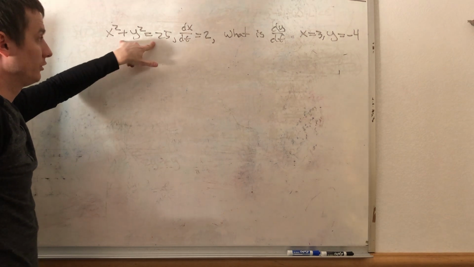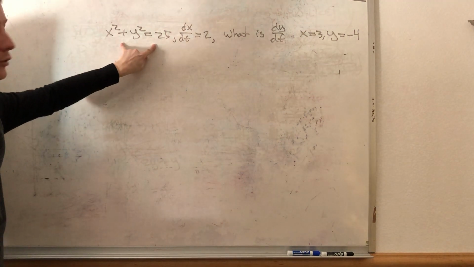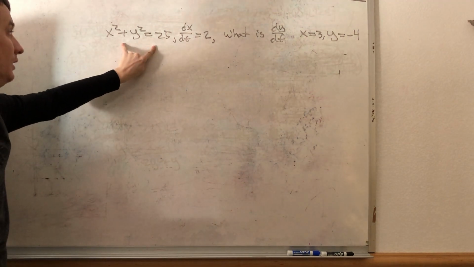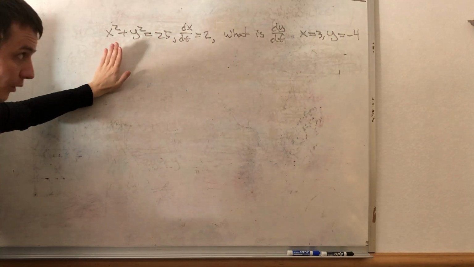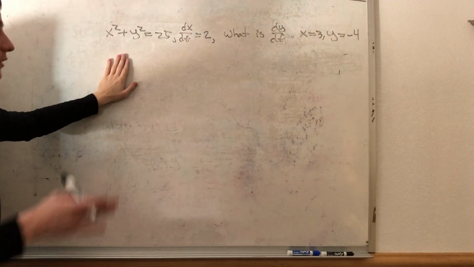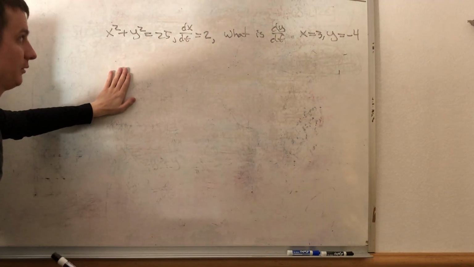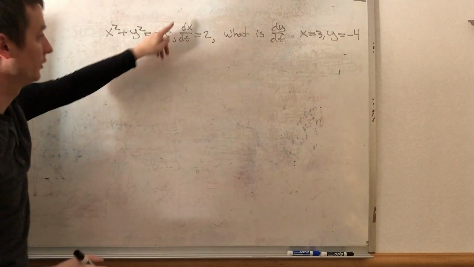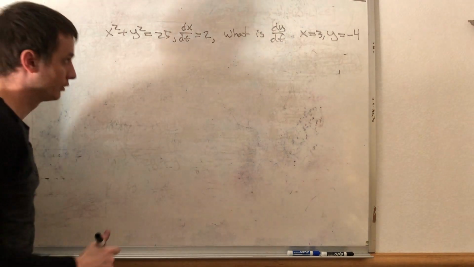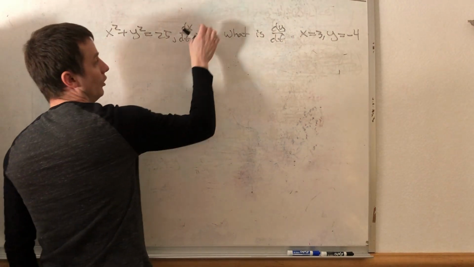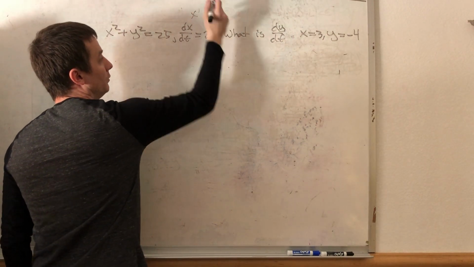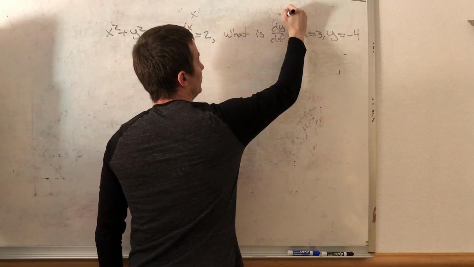So I've got this expression, and I'm going to differentiate both sides of this expression with respect to t. Now for this problem, I'm going to use y prime as the derivative of y with respect to t, not the derivative of y with respect to x. And I'm going to use x prime as the derivative of x with respect to t. So dy dt will also be y prime.